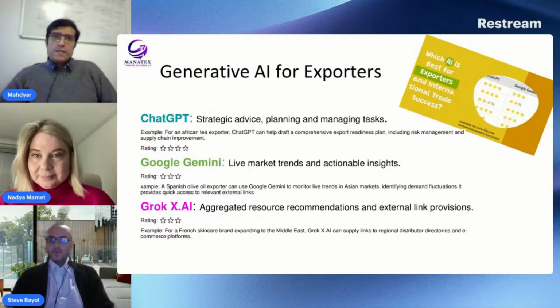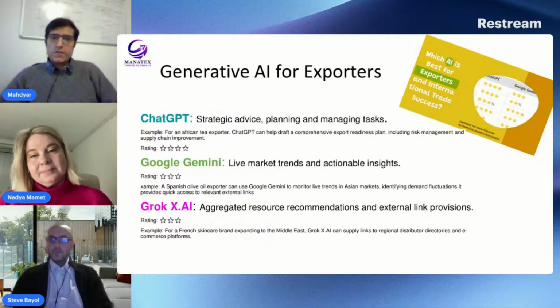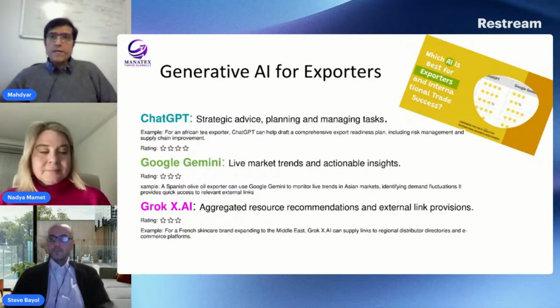And I also wrote an article, you can find it on LinkedIn, about which one is better for which task. In general, I just give you some examples here. ChatGPT remains my first choice, probably because it has around 200 million users, so it is better fine-tuned than others.